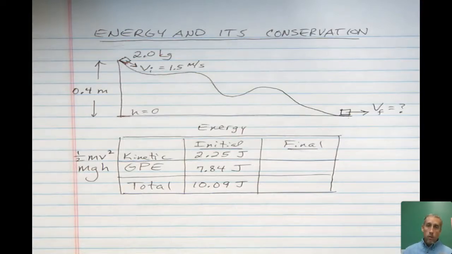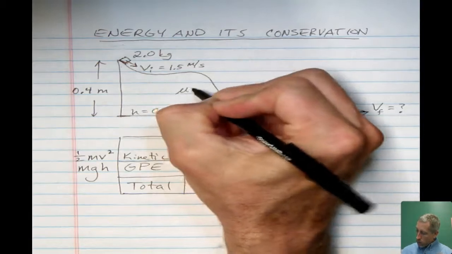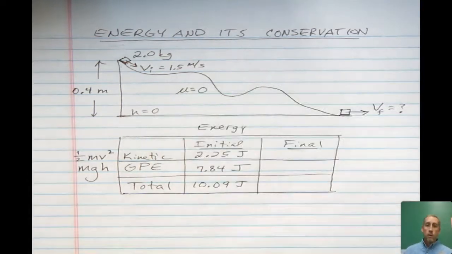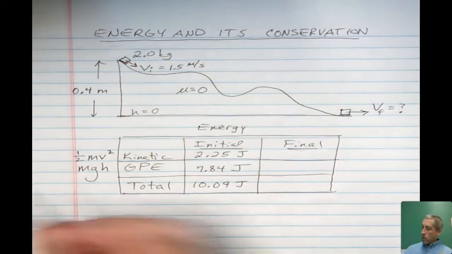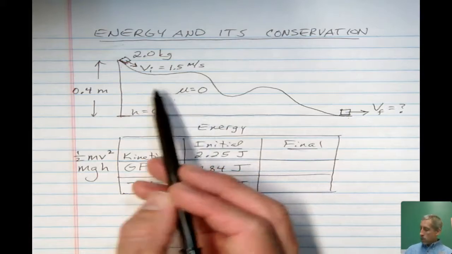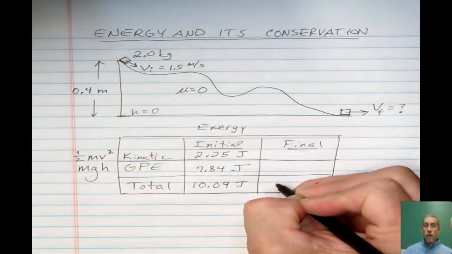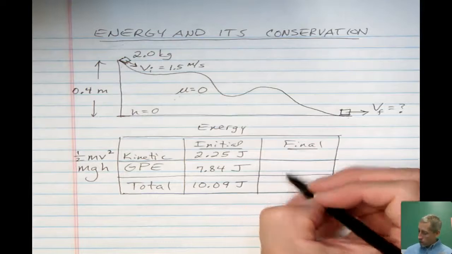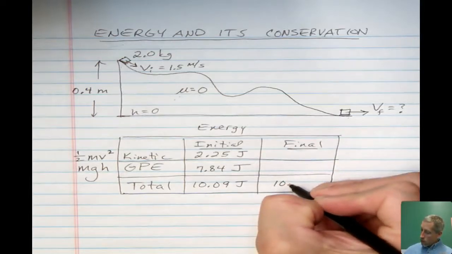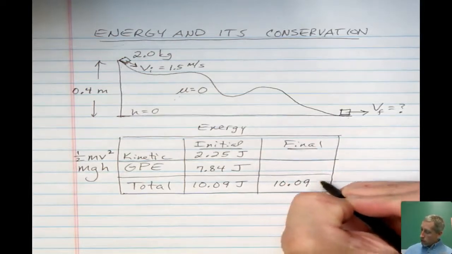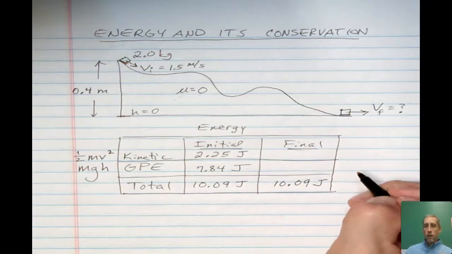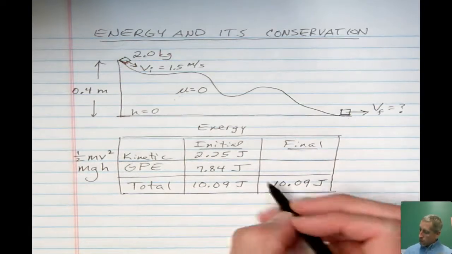We could also have some other things in there, but if we assume that mu equals 0, which is a pretty big assumption, we just have a very slippery track. Then we have no friction to change any of our energy, and so we can safely apply the conservation of mechanical energy. Again, there are other forms of energy that aren't mechanical that we may have to deal with. If we do have friction, we'll get into that in a subsequent lesson.